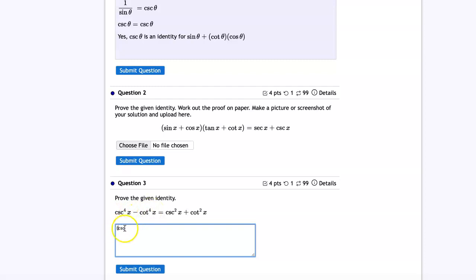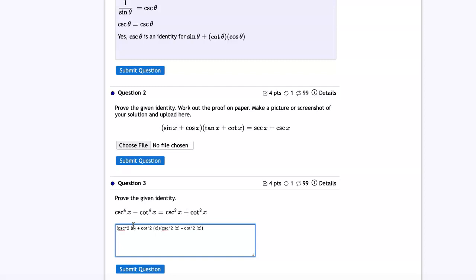So I might start with replacing this left-hand side with cosecant squared of x plus cotangent squared of x, and then I'm going to multiply that by cosecant squared of x minus cotangent squared of x.